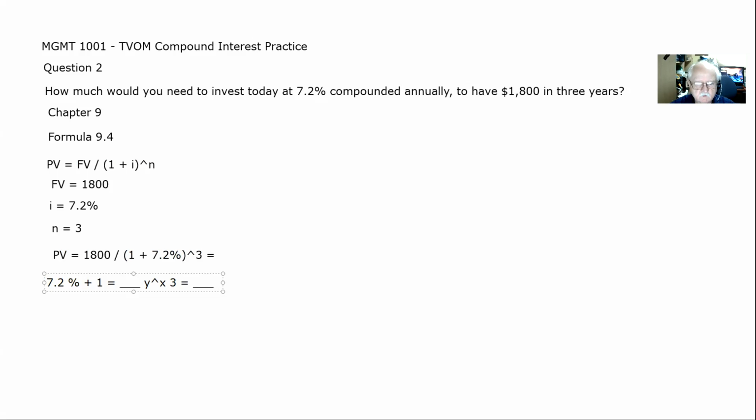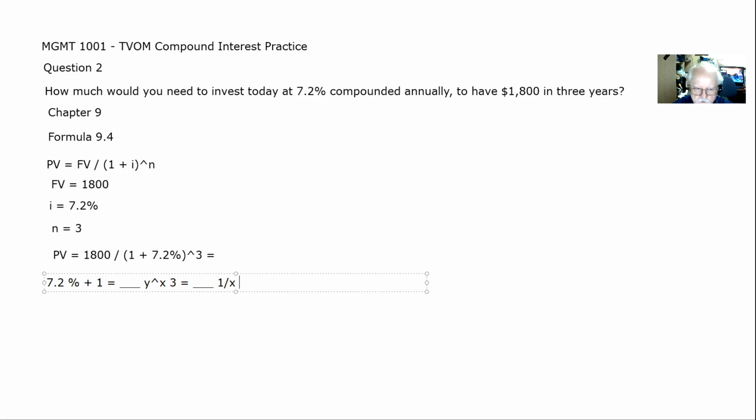Now, I've got everything here in the denominator, but I want to flip it into the numerator. So I'm going to hit the 1 over X key, which is going to flip that into the numerator. This is my invert button. Whenever we divide fractions, we invert and multiply. And this 1 over X key is the invert and multiply. On some calculators, this is X to the power of -1, which is the same thing.